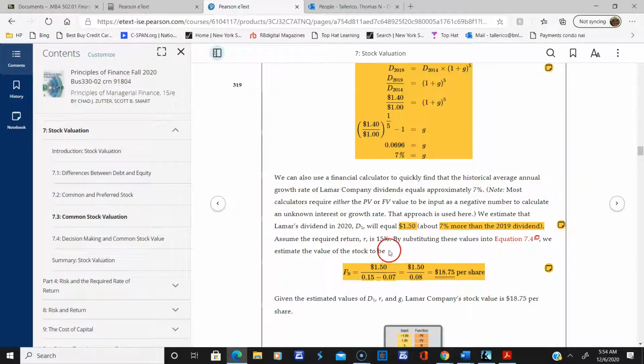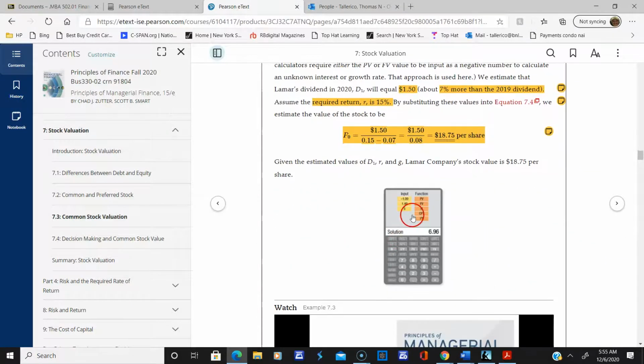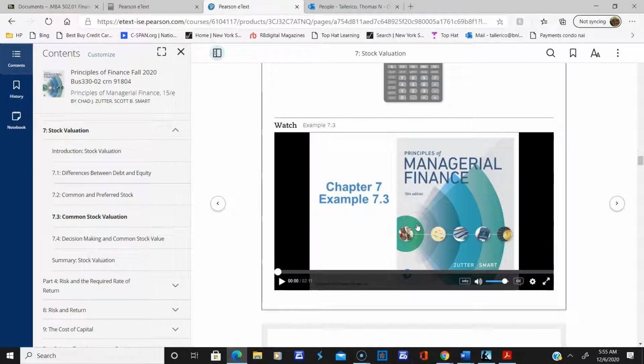Here is the growth rate, and here's your required return. We pop that in, so we have all the information we now need, and you could use a calculator. All right, let's look at this nice example here.